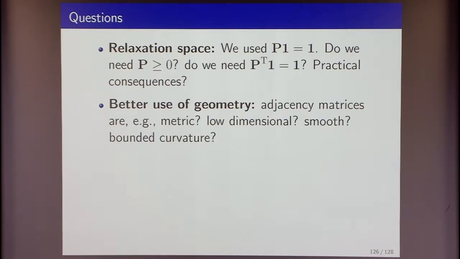Also, of course, all this analysis was very naive. We are not using any kind of geometry that actually characterizes the graphs. For example, if we are assuming that these are metric spaces, the matrices are metric, they obey the triangle inequality, they are coming from a low-dimensional space, maybe a smooth space with bounded curvature.